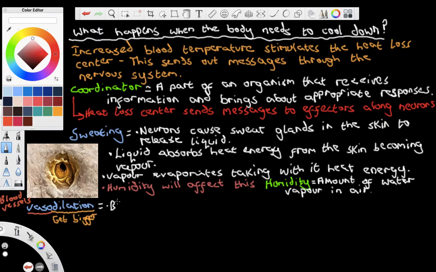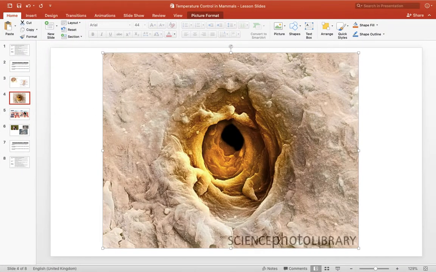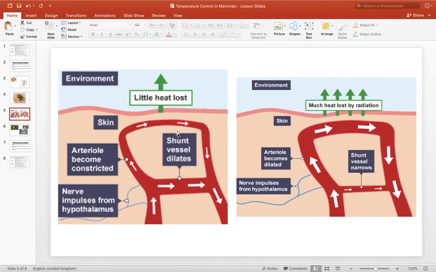So blood vessels near the skin dilate, by which we mean widen. This means that blood will flow closer to the surface of the skin, and therefore more heat is lost via radiation. So an example of this is shown here.